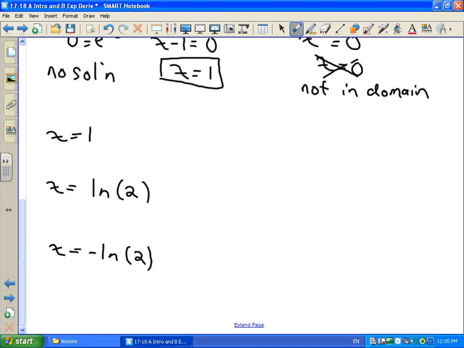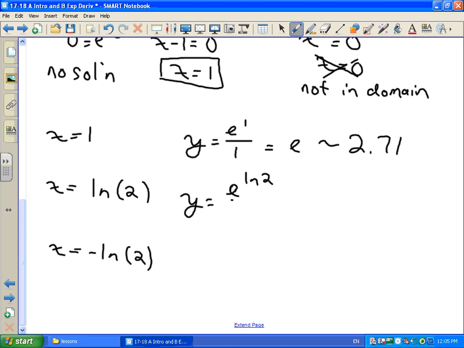So let's just do that. If x equals 1, y equals e to the 1 over 1, which is just e, approximately 2.71. If x equals ln 2, we get e to the ln 2 over ln 2.